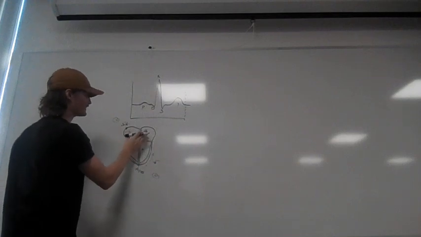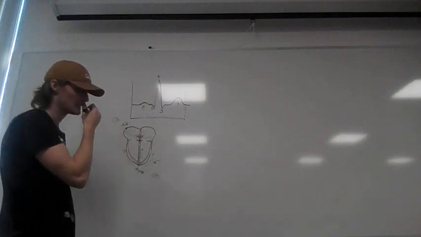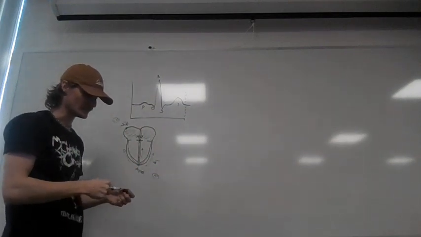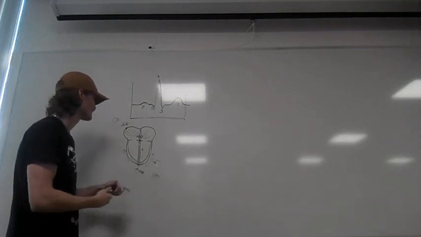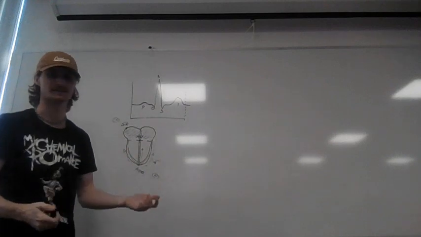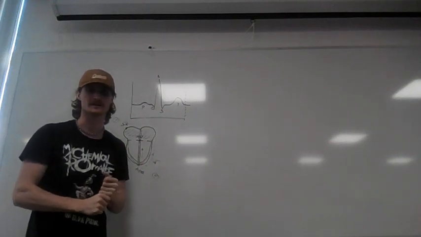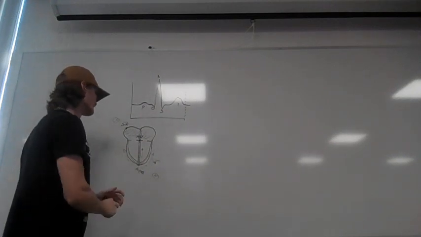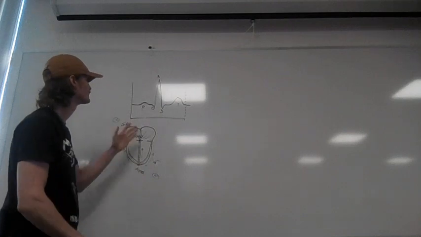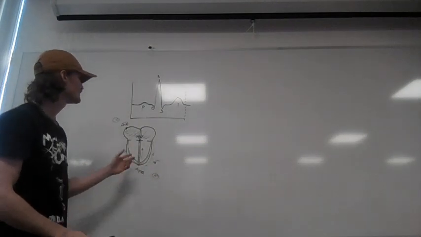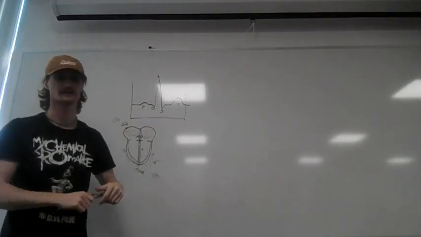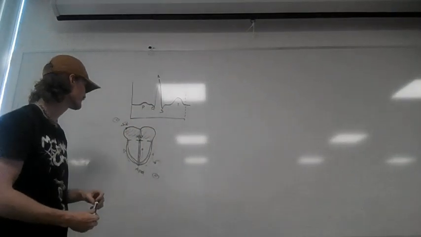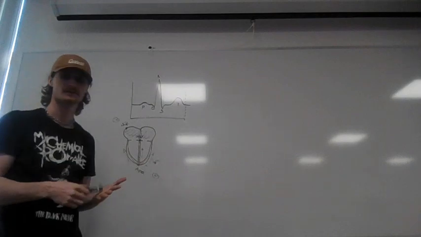Once that T wave finishes, the book did say there is a wave for the repolarization of the atrium, but there really isn't. We're not ever going to quiz on it. There's also the U wave, but this is the P wave, T wave, and QRS complex and how it fits in with the heart. So there's that.